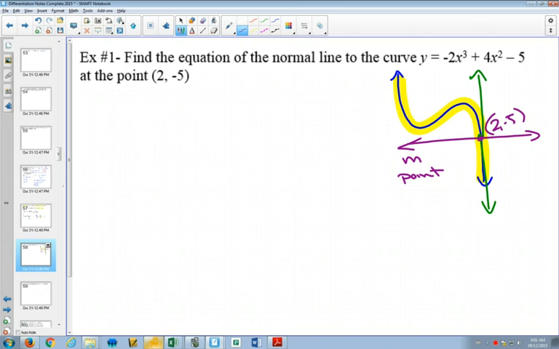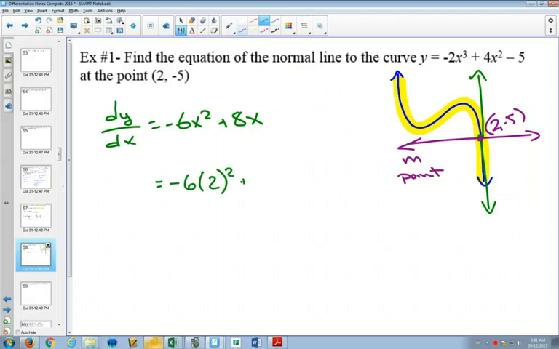Well, what does our derivative do? Our derivative tells us slopes of tangents. So we're going to be able to find the slope of that green line relatively easily. Because we take our derivative, dy/dx, -6x squared plus 8x. We can plug in x = 2: -24 plus 16.